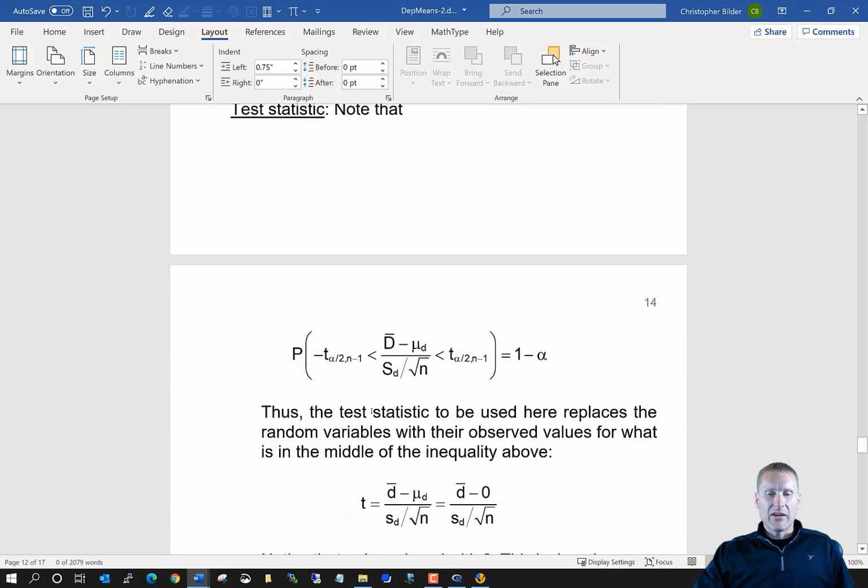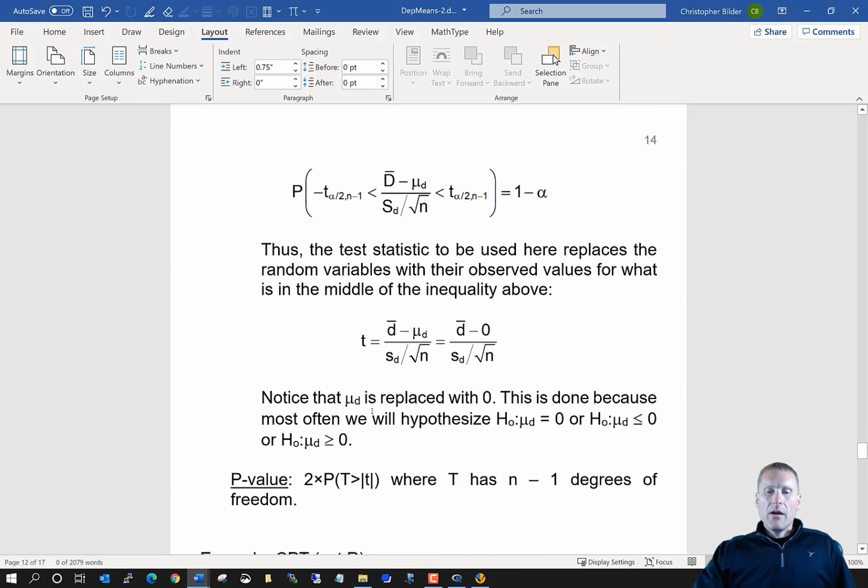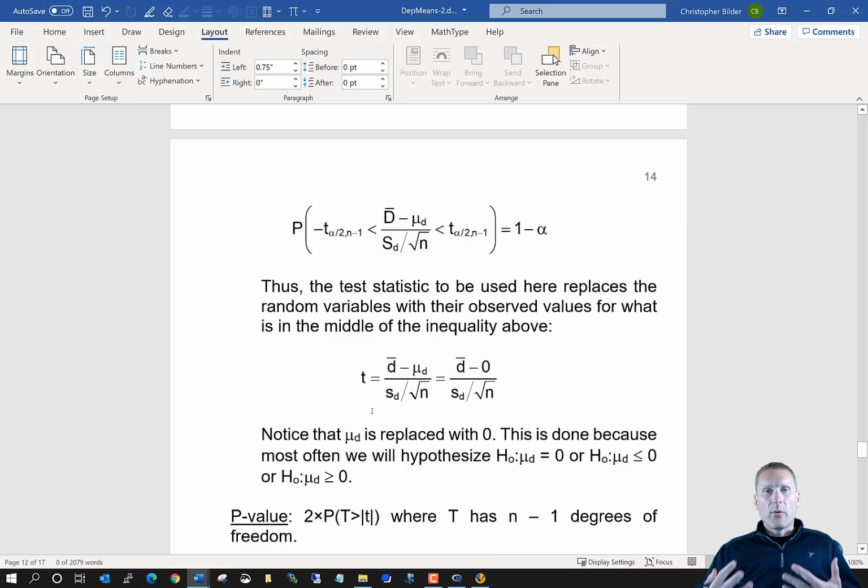Well, what about a test statistic? When we came up with the hypothesis test for one population mean, we looked at a very similar quantity in the middle of two quantiles from a t-distribution, but it was written in terms of the y's.